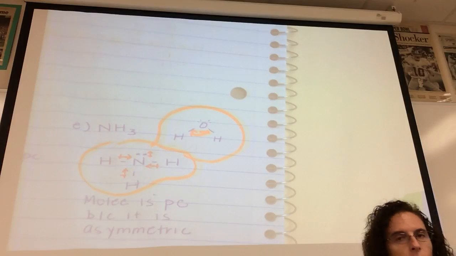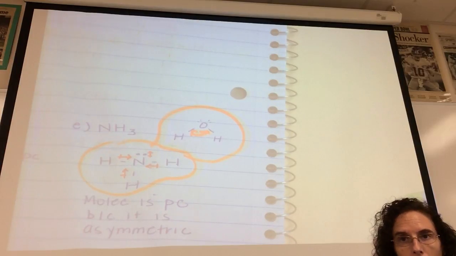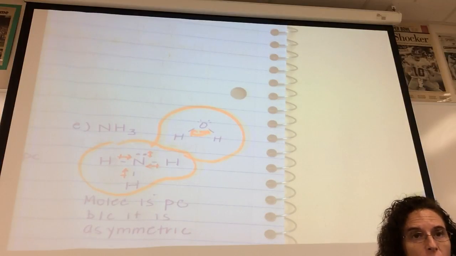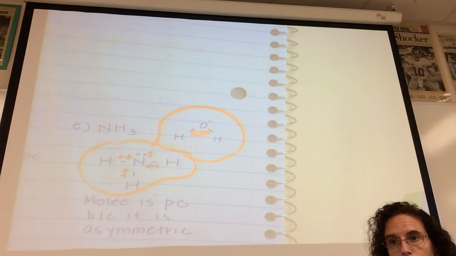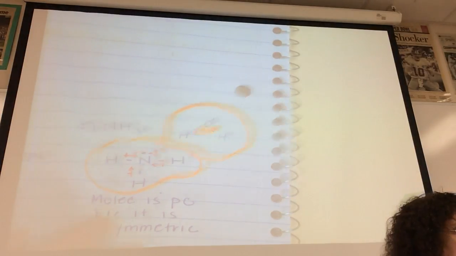No. The 2 lone pairs push against each other. The lone pairs repel more than the bonding electrons, and the lone pairs repel each other, further compressing the bond angle. So that's the key there.